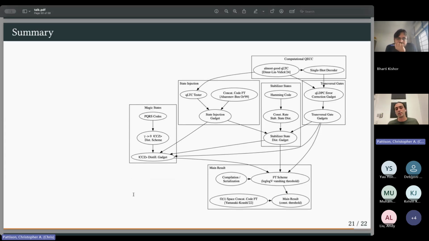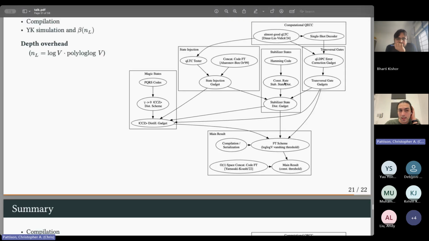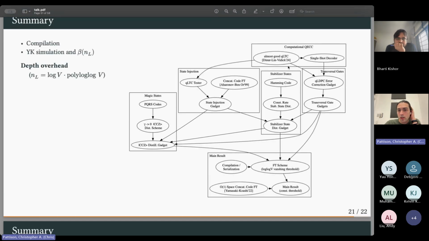Now let me assemble all these ingredients. The actual construction is quite involved. We take this QLTC of DLV, we construct a single-shot decoder for it, and then we can use this to build error correction gadgets. We use transversal gates, it's very straightforward. Then we use the QLTC property and the concatenated code scheme of Aharonov and Ben-Or to create state injection gadgets.